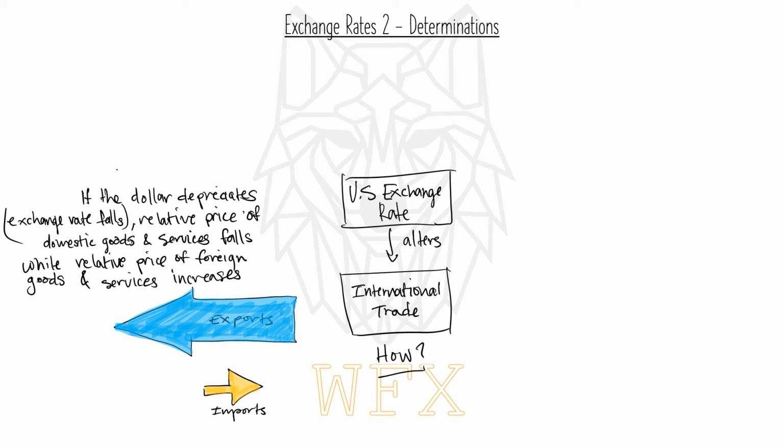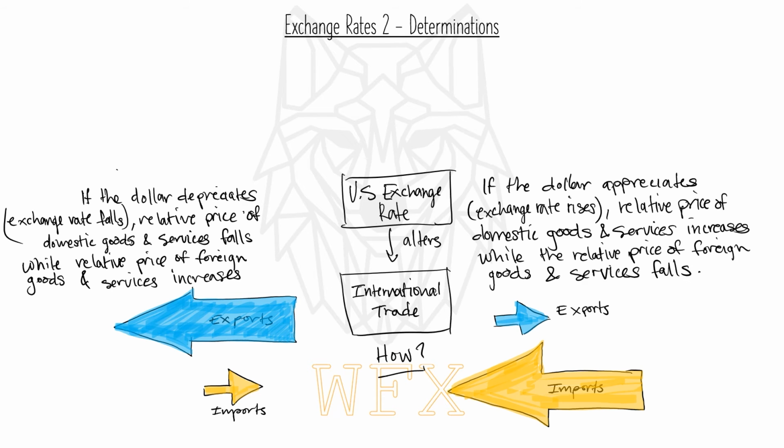This change in price will increase US exports and decrease US imports. If the dollar appreciates, the relative price of domestic goods and services increases, while the relative price of foreign goods and services falls. The change in relative prices will decrease US exports and increase its imports.